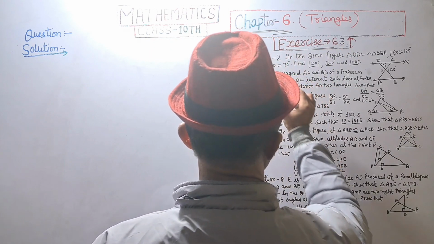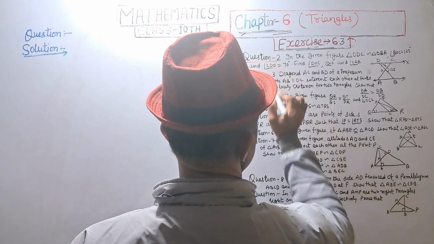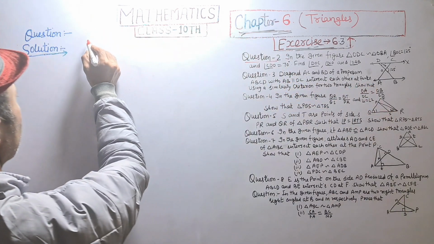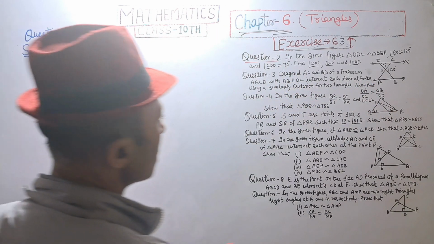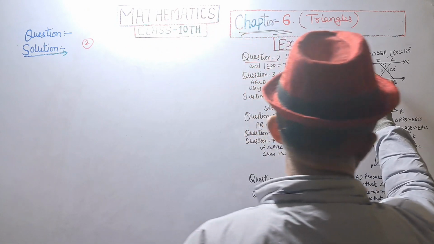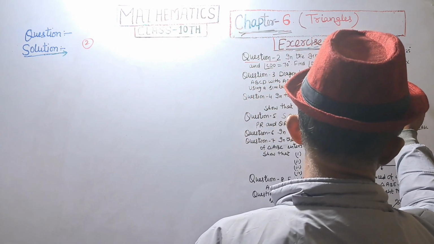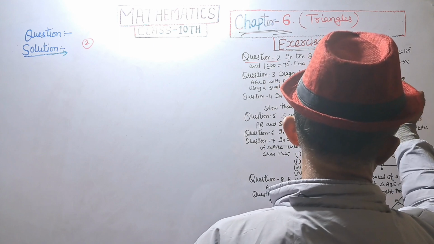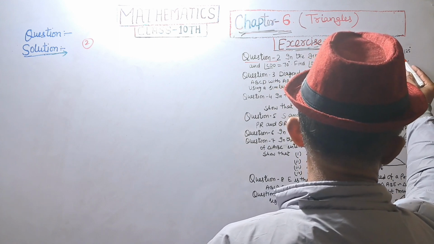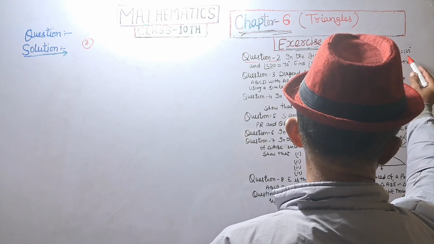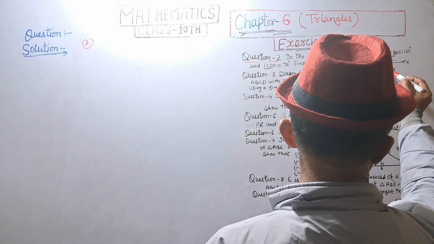Exercise 6.3, question number 2. In the given figure, triangle ODC is similar to triangle OBA and angle BOC is equal to 125 degrees.